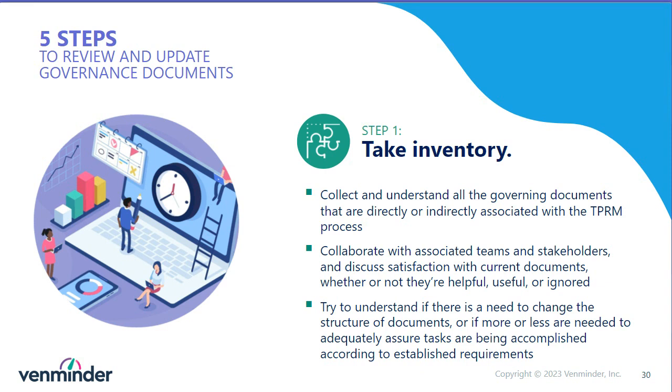We're going to really collect them, and we're going to sort of itemize them, look at, is this a program or procedure or policy? And we want to start with a collaboration with the teams and stakeholders to really have a discussion about, are these documents helpful, useful? Do we ignore them? Did they even know they exist?